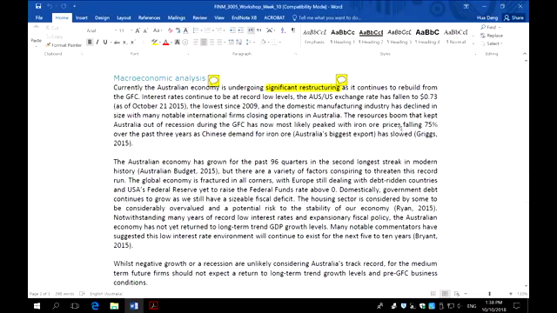So exchange rate, GFC, resource price, Australian economic growth, US Federal Reserve, the possibility of recession. It's a collection of facts.